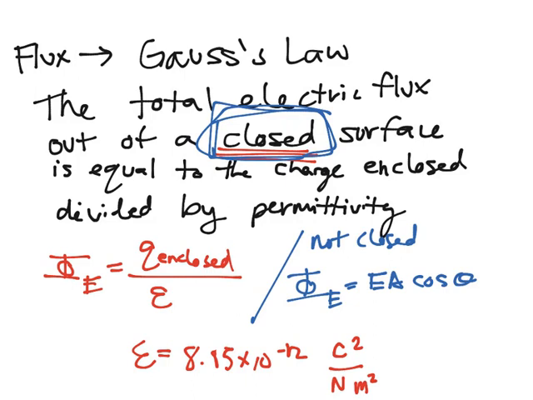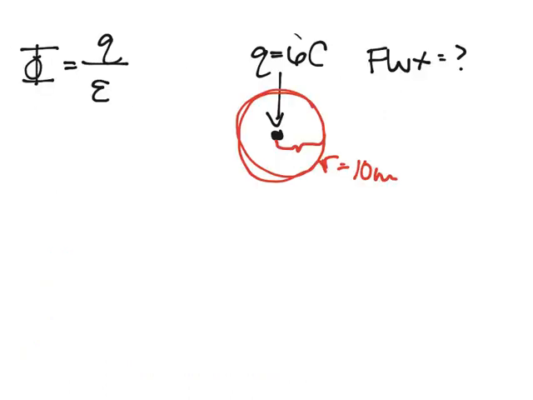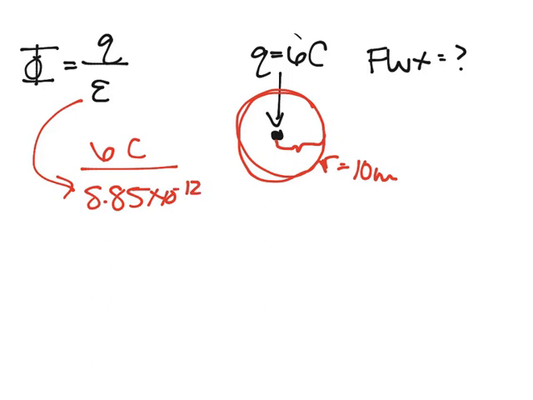Alright, so we're going to do a practice problem with this one. Alright, so you have a point charge of 6 coulombs inside of a sphere with a radius of 10 meters. So what is the flux in the sphere? So go ahead, try it. Alright, so to solve it, it would be 6 C over epsilon, which is 8.85 times 10 to the negative 12th, which would get you 6.8 times 10 to the 11th power.